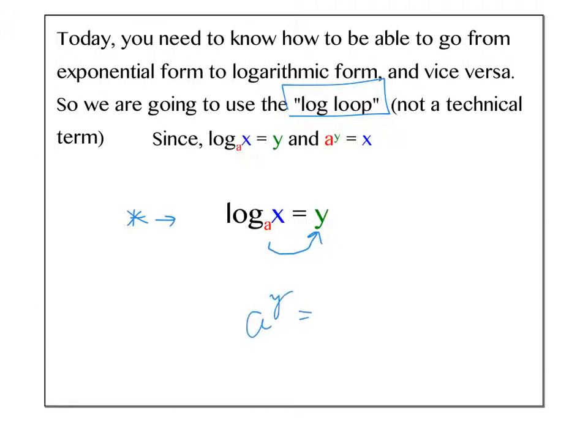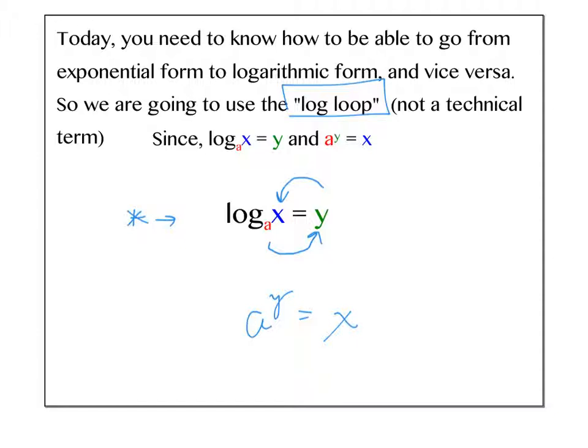power, a to the y power, is equal to, and we continue the loop. The of component in this case is x. A to the y equals x. So we will be going back and forth from one form to the next. And to go from exponential back to log, you again start with your base, because if you notice, the base of the logarithm is also the base of the exponential form.